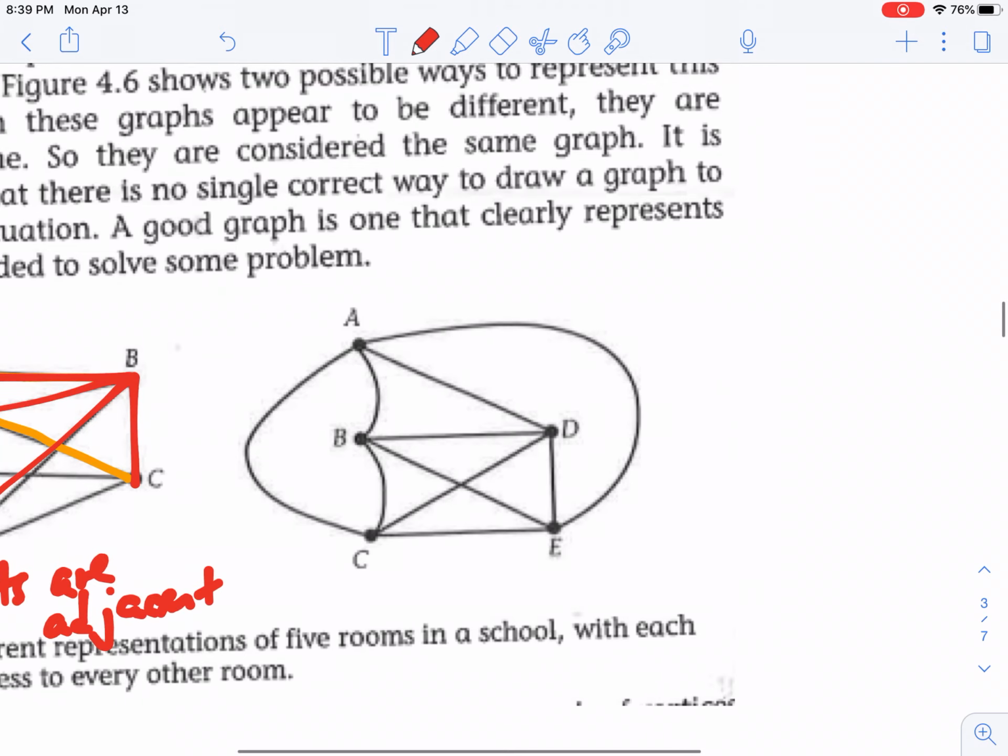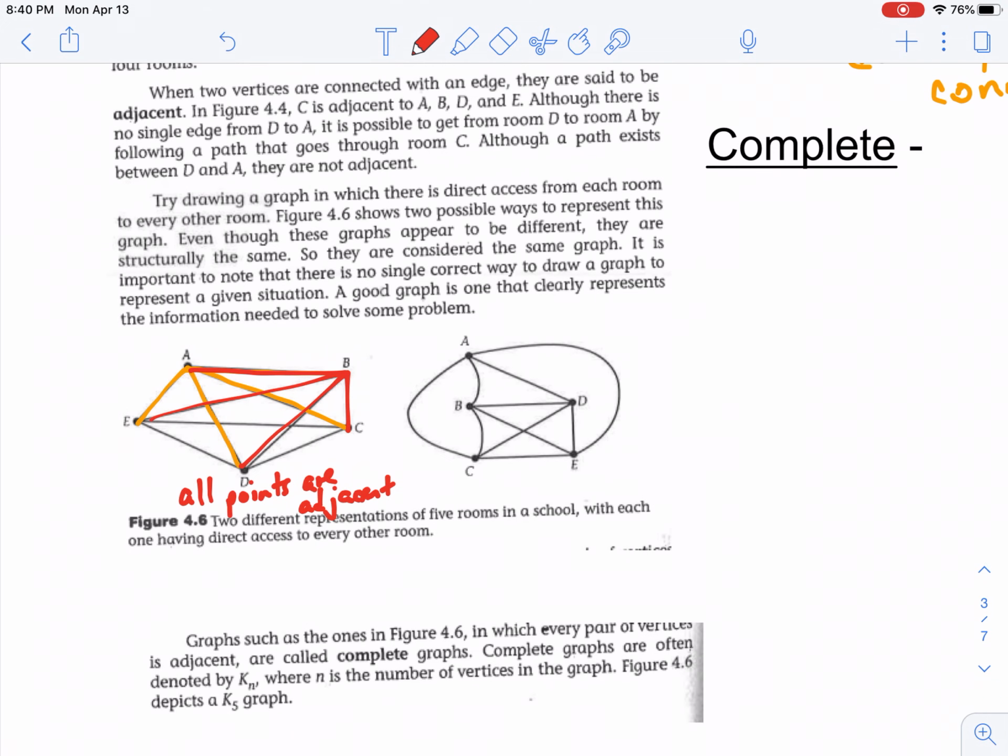But in this one, look, all the points are not adjacent. Oh, actually, they are too in this one. Yeah, they are. Look, I could get from A to C, A to E, A to D, and A to B, all directly. They're all adjacent. And the same thing goes for B, C, D, and E. They're all adjacent in both of those graphs.